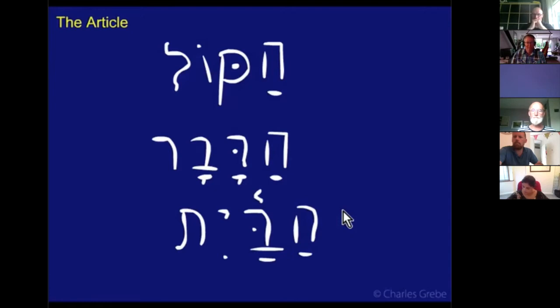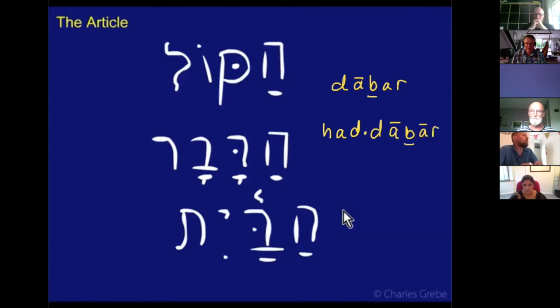When you would transcribe this, davar is D, but hadavar becomes a syllable division, and the same with bayit.